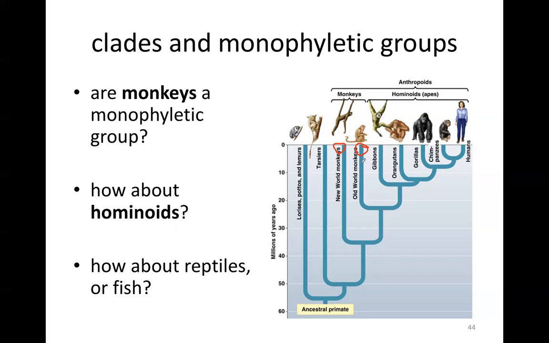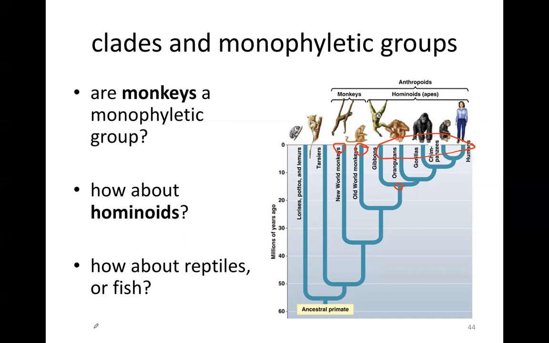Are monkeys a monophyletic group? How about hominoids? And I can tell you already, hominoids, yes, are a monophyletic group. These guys are all called hominoids, and they share a common ancestor with each other that is not shared with other lineages.